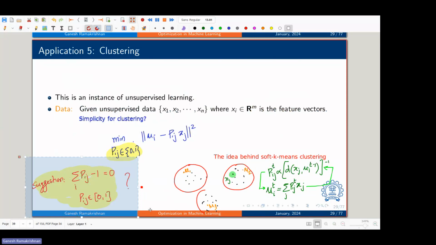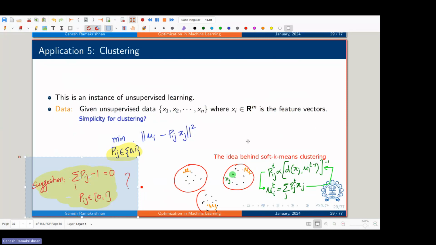Pij's are 0, 1 with the additional constraint that the point either belongs or doesn't belong, but it should belong to exactly one. So this constraint needs to be completed, right? Here also we need a constraint that summation over i of Pij is 1.